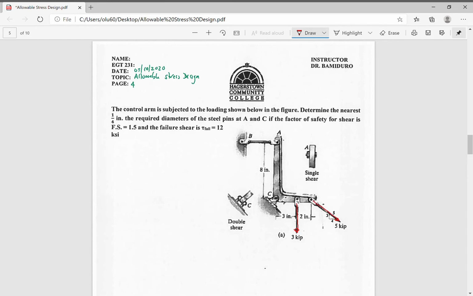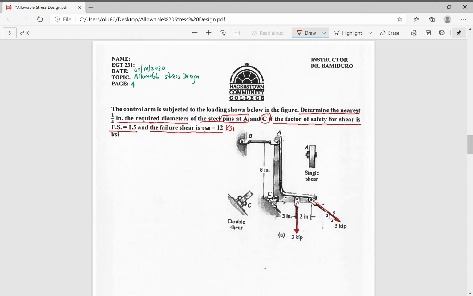To determine, to the nearest quarter of an inch, the required diameters for steel pins at A and at C, if the factor of safety for the shear is 1.5 and the failure shear happens to be 12 KSI.